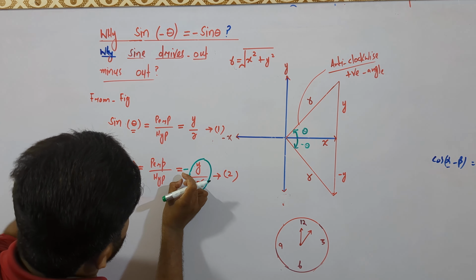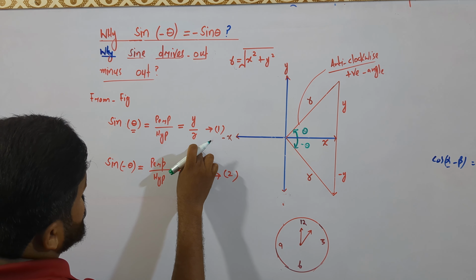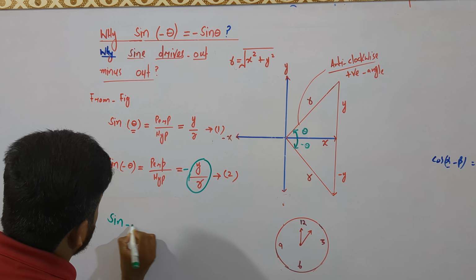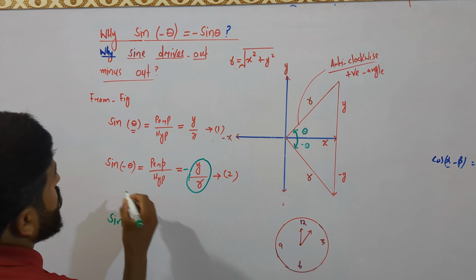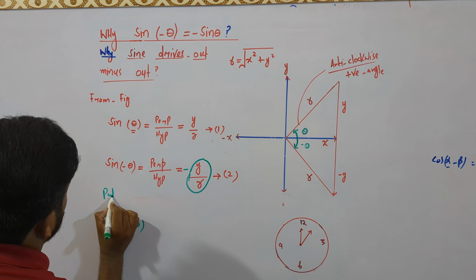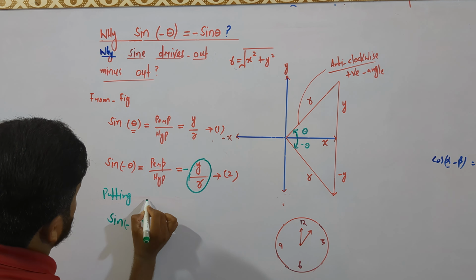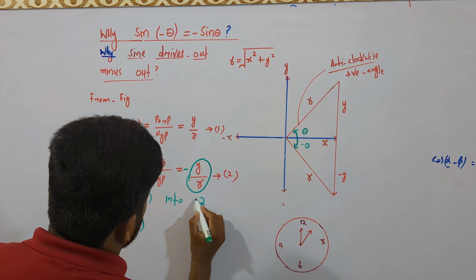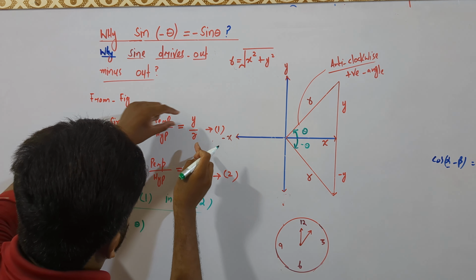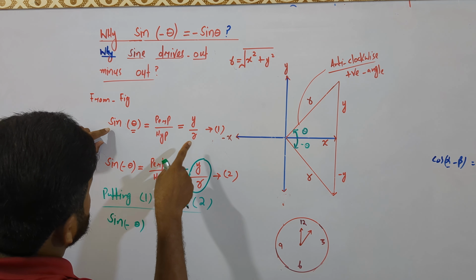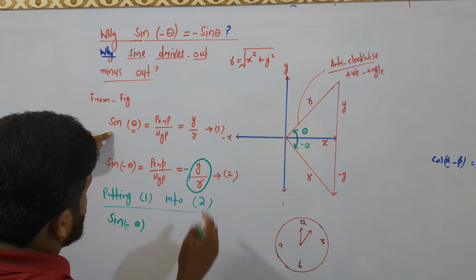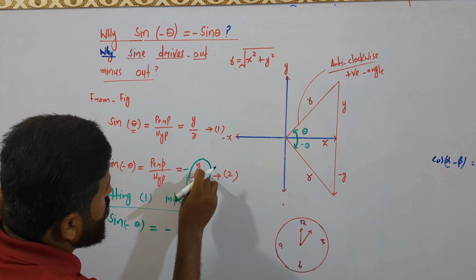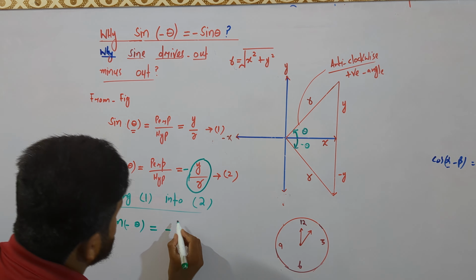Since y over r is the value of sine theta, sine negative theta is equal to minus sine theta.